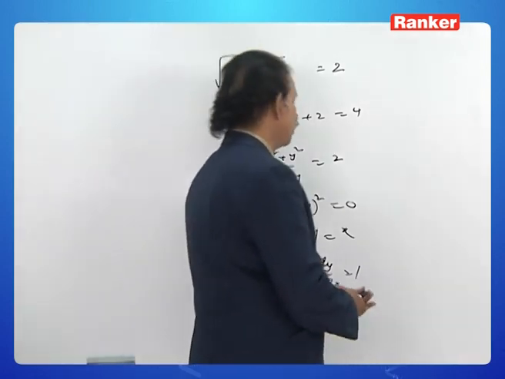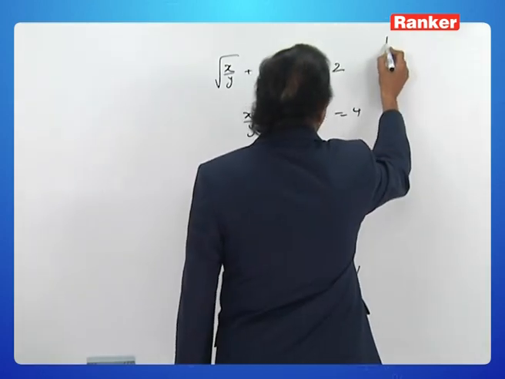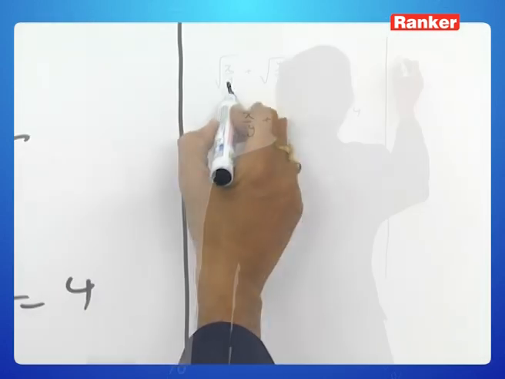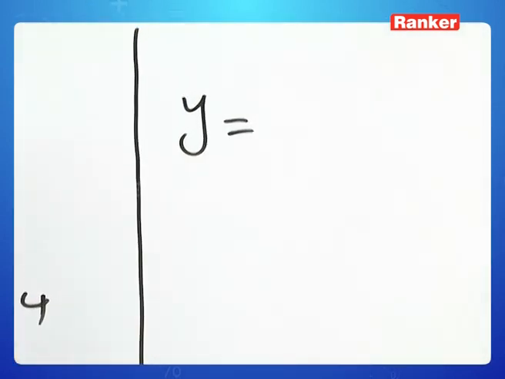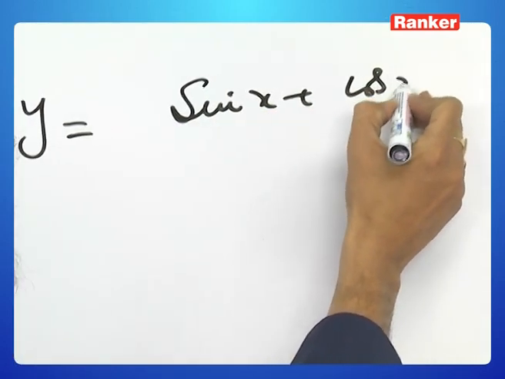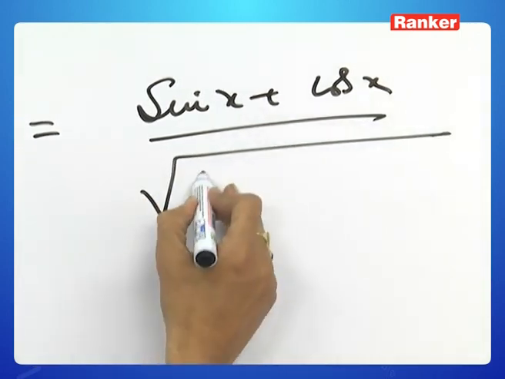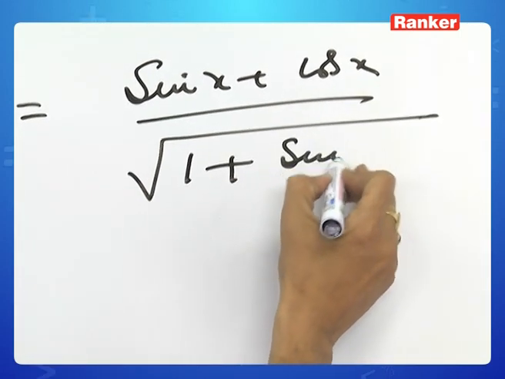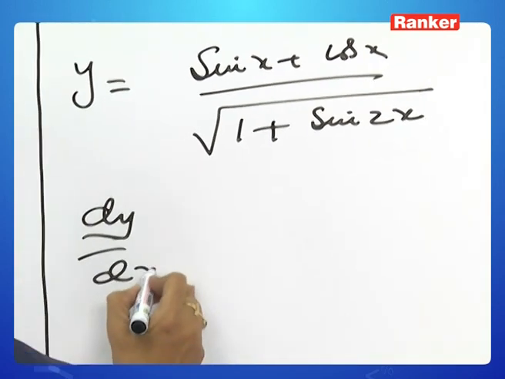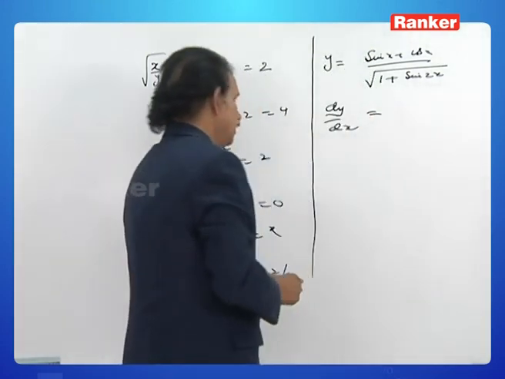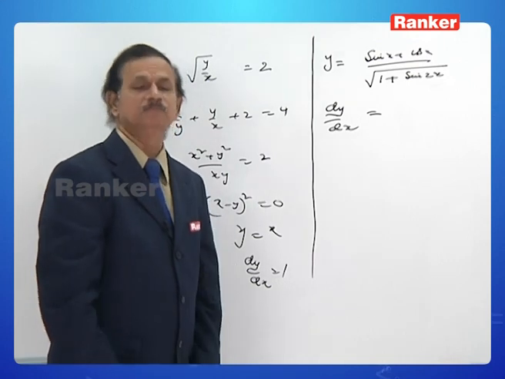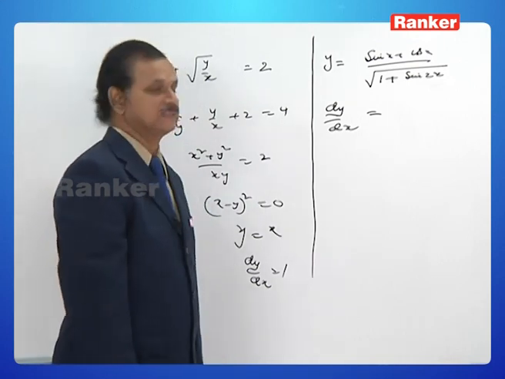Yes. One more thing. y is equal to sin x plus cos x by... Even though it is not an implicit function, it looks like a bulkier problem, but it is so simple as such.